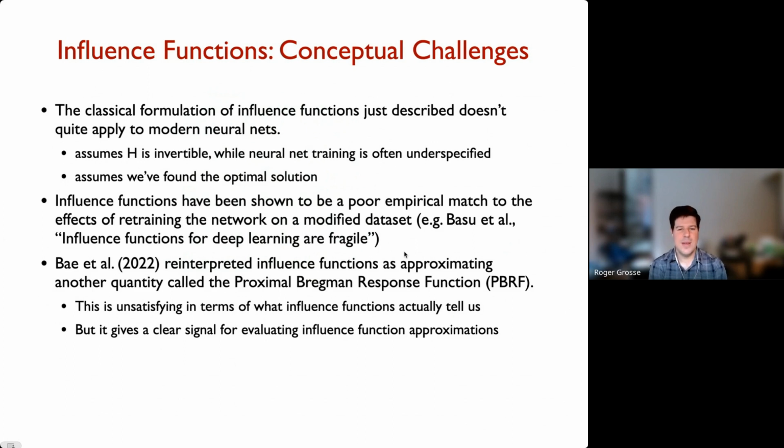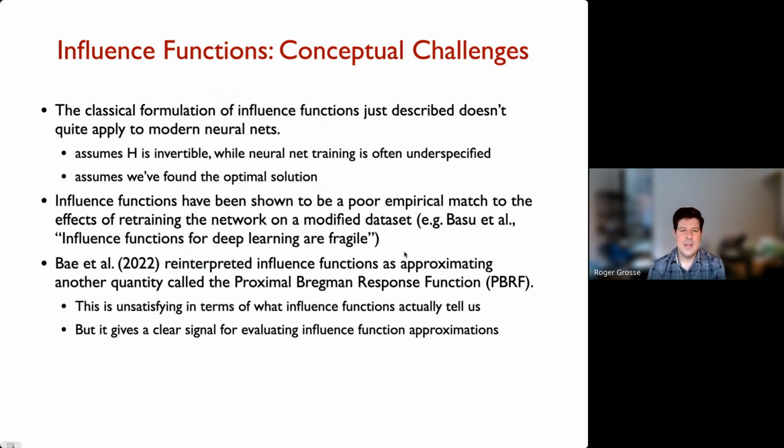And so we did some work about a year ago where we reinterpreted what influence functions are doing. Rather than approximating the effect of retraining the network, we motivated them as approximating another quantity called the proximal Bregman response function. I won't go into detail now about what this is, but essentially it's trying to measure what happens if you try to minimize the loss on a new example without changing the predictions too much on the existing training set.